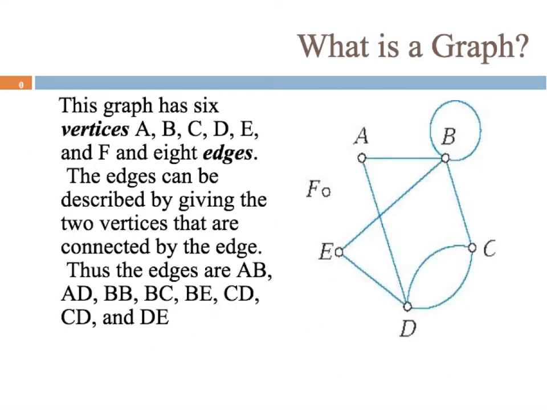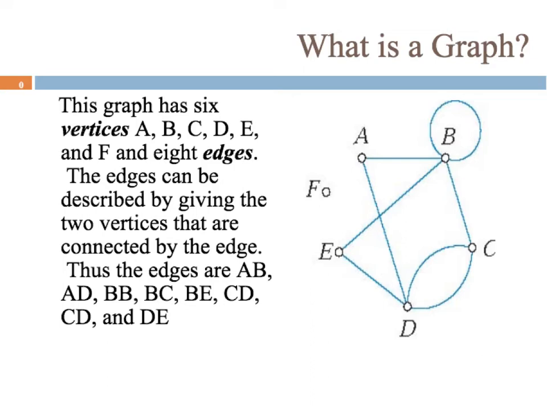This graph has 6 vertices, so notice all the dots, A, B, C, D, E, and F, and 8 edges. And notice that some of the edges are not straight, just like the previous slide said, that it's okay to have curved edges, and we even have a loop in here. We're going to talk about that in just a minute. The edges can be described by giving the two vertices that are connected by the edge.